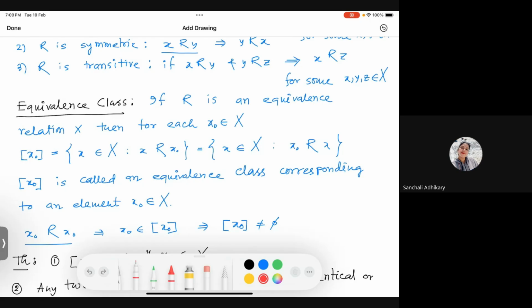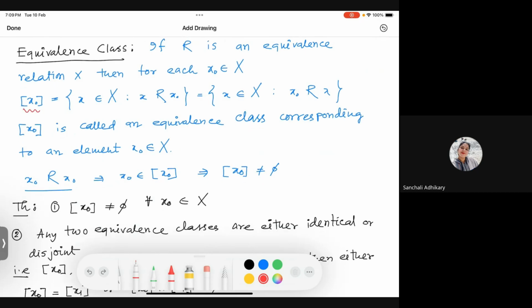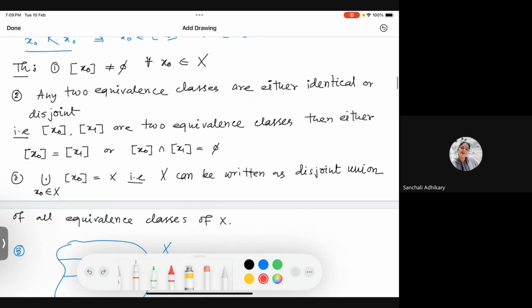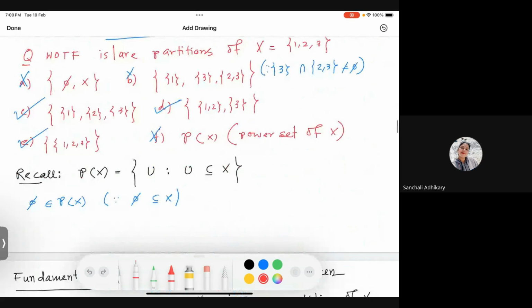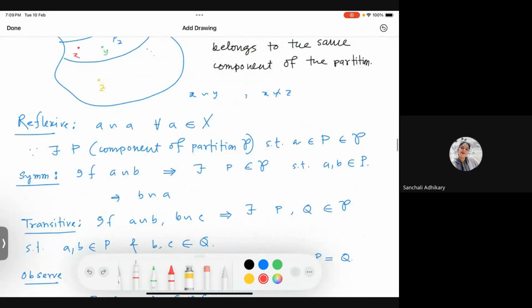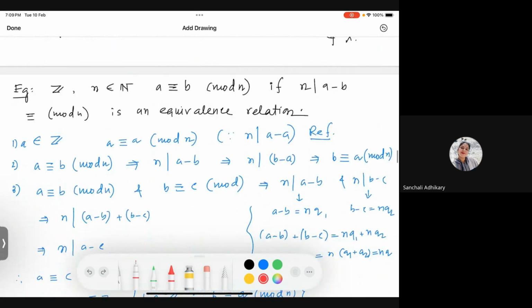Okay. So this set is called an equivalence class corresponding to an element X naught. Okay. So first of all, see this example.